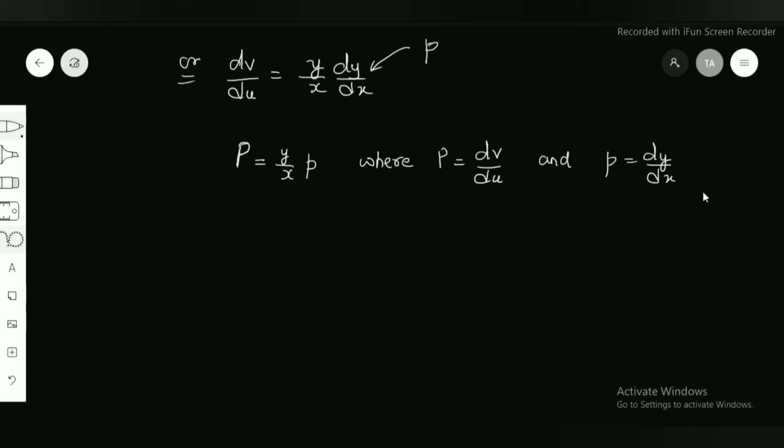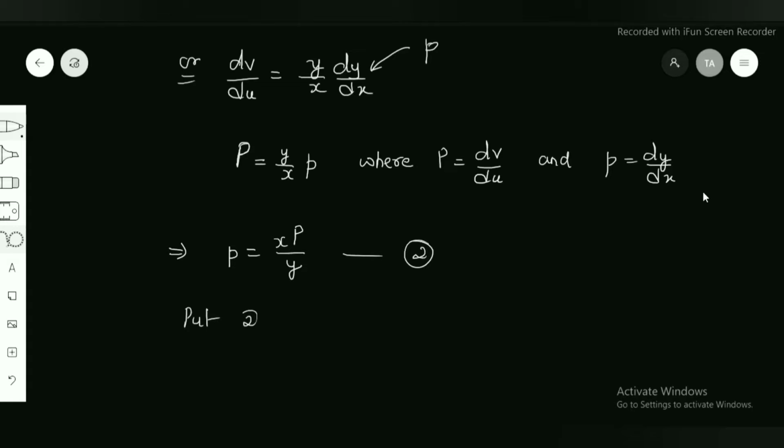Because we need the value of p that can be substituted in the given differential equation. So this implies small p = xP/y. Be careful with the small letter and the capital letter. Let us call this equation number 2.